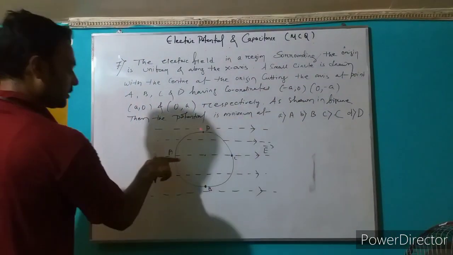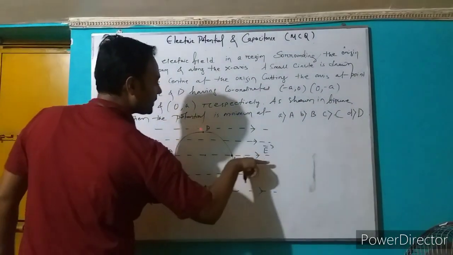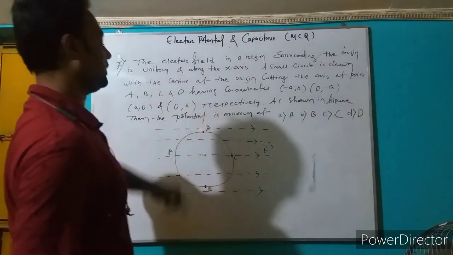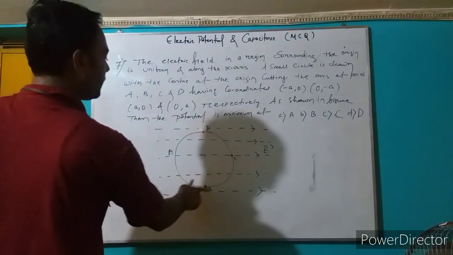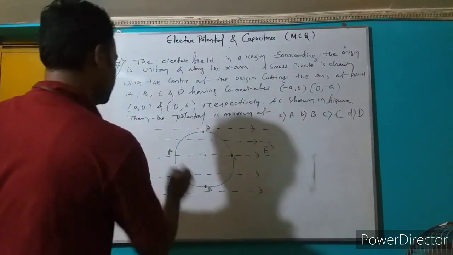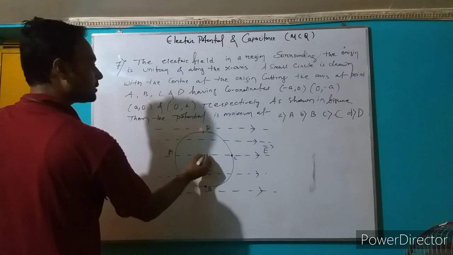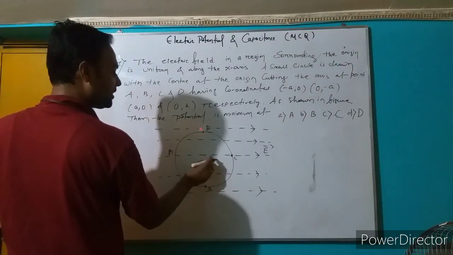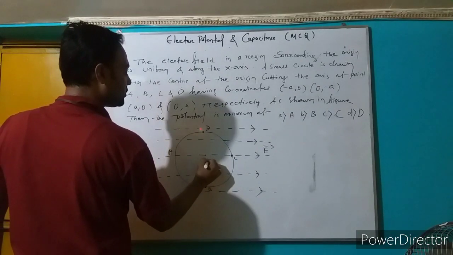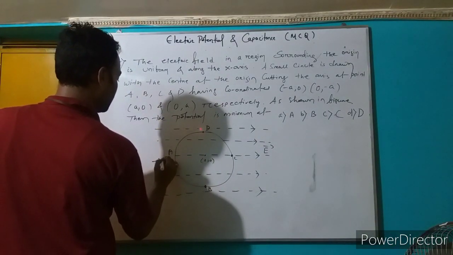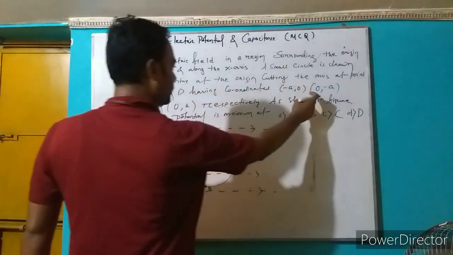The circle passes through points A, B, C, D. This one is A, B, C, D. Coordinates are minus a comma 0. This is the point O, that is the origin. Origin means reference point whose value is 0 comma 0, and one point can be represented as minus a comma 0 according to the question.